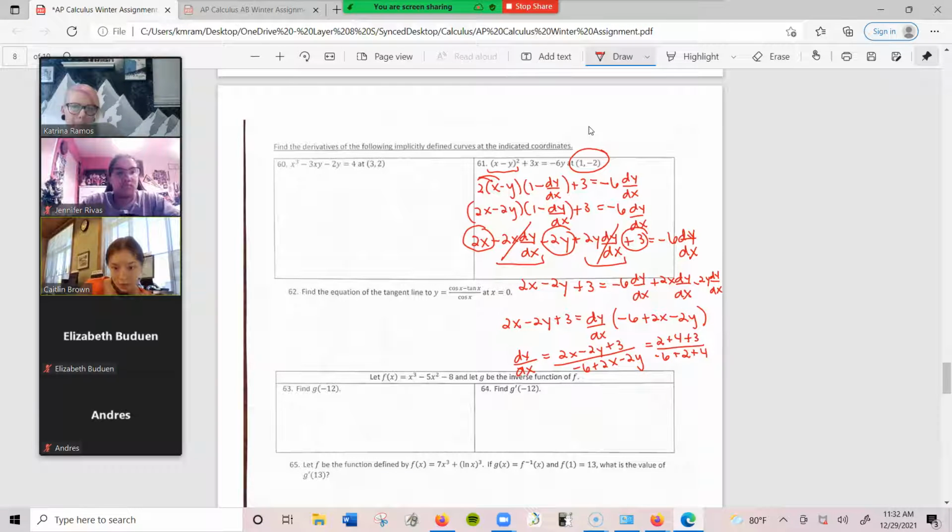Is that okay? When we actually work this out, we get 9 over 0, which is unfortunate. So this means that that particular derivative is undefined.